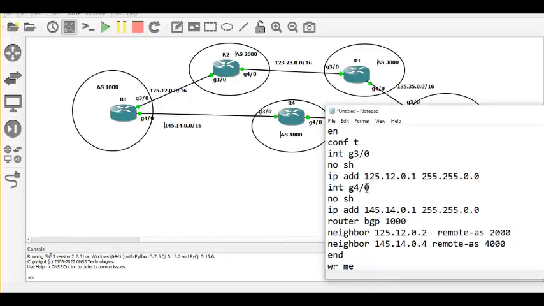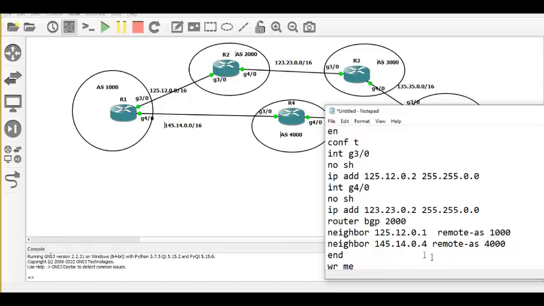Router 2 also has got the similar interface names, and the IP address is 12.2 here, and here 123.23. The autonomous system is going to be 2000 for this router, and the neighbors are 12.1, who is in autonomous system 1000.